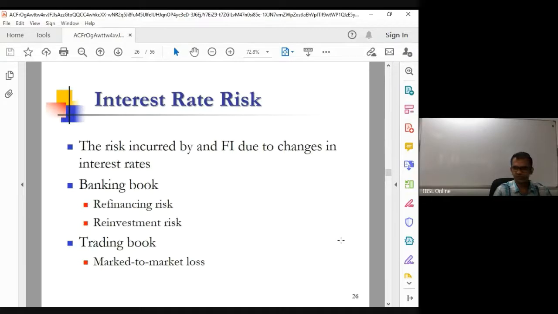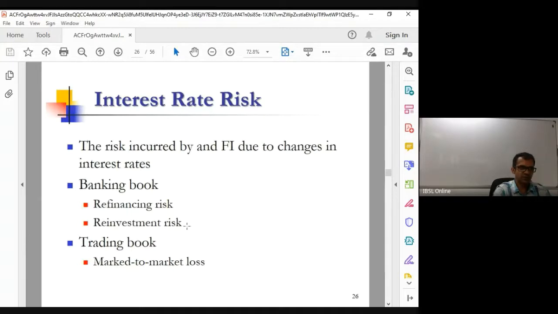So in a financial institution, you may know there are two sets of books. One is the banking book, the other one is the trading book. What is the banking book?